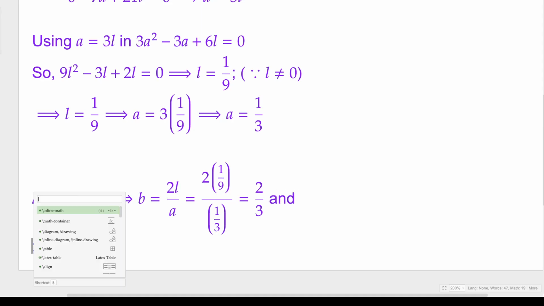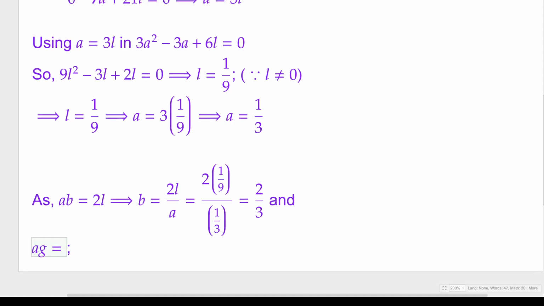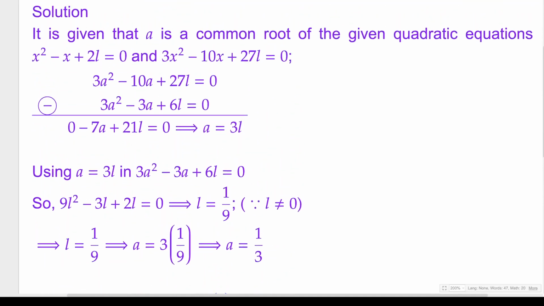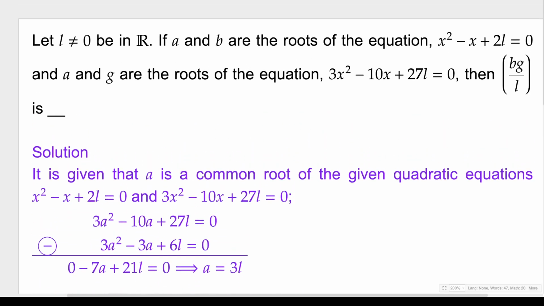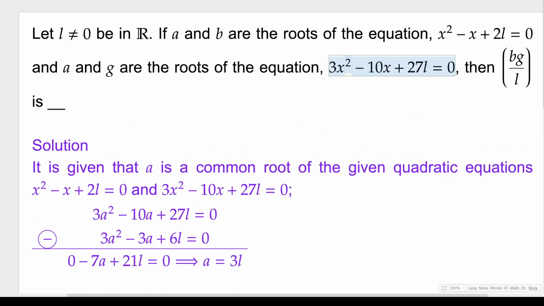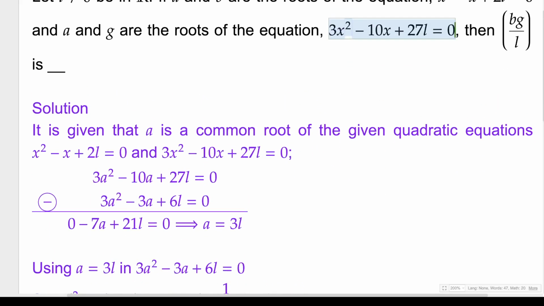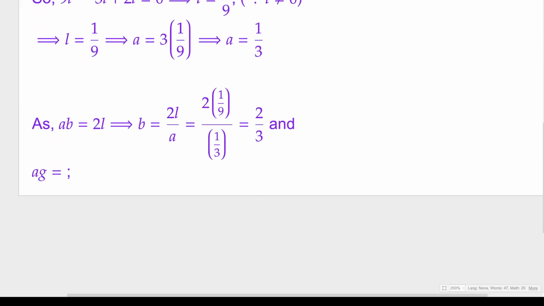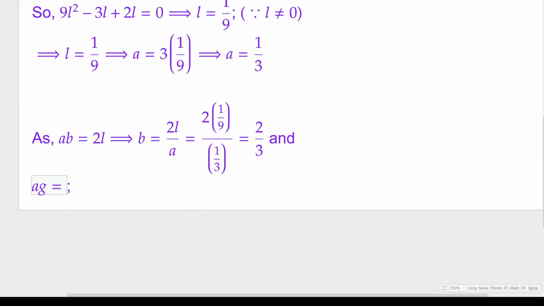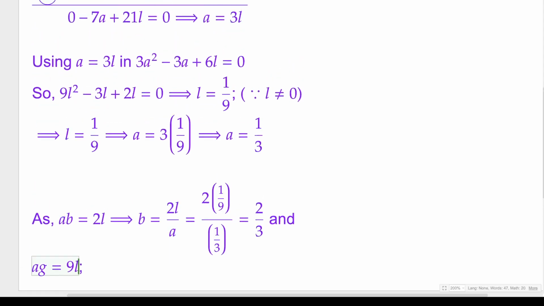And now if I check for a times g, a and g are the roots of this equation, 3x square minus 10x plus 27l, equal to 0. So a times g can be written as 9 times l, if you observe this equation.